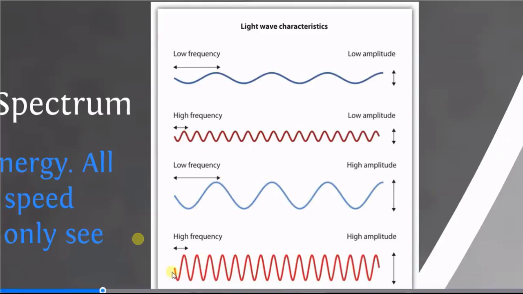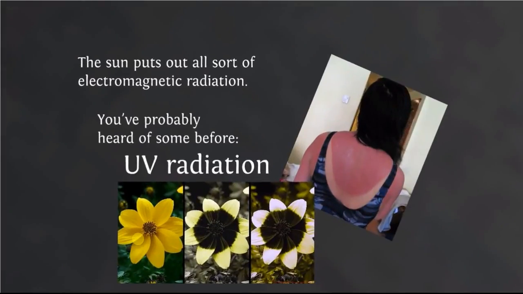But a high frequency sound is very high pitched. If you were looking at my voice on a computer, you would see it look more like this red frequency down here below, while the low pitch would look like this blue stretched out wave. The same exact thing happens with light.